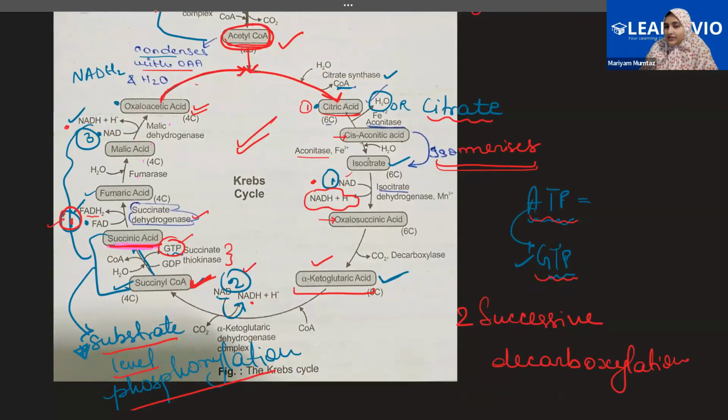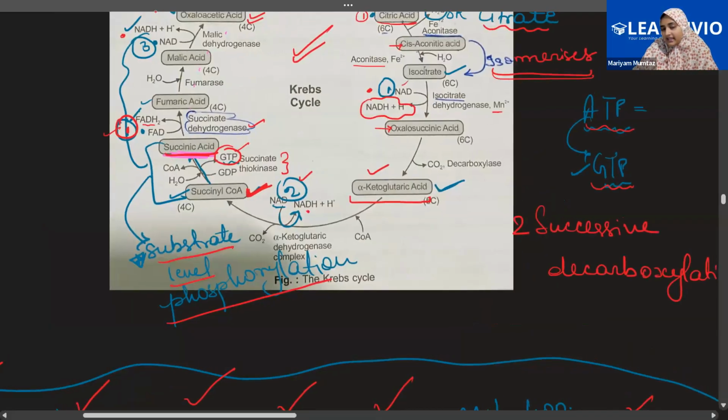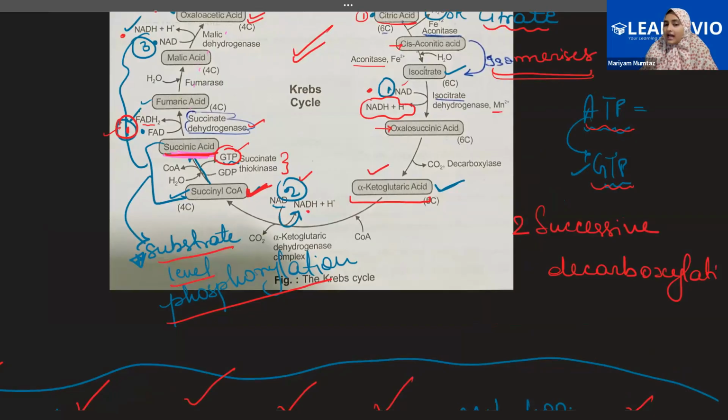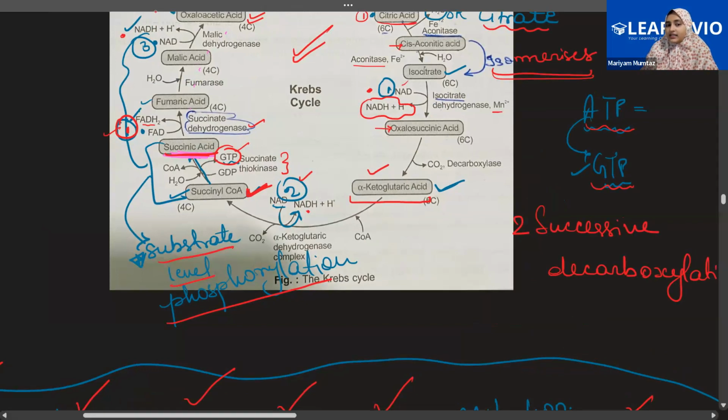Then the isocitrate gets converted into oxalosuccinic acid by the action of the enzyme isocitrate dehydrogenase, which happens in the presence of manganese. After that, the oxalosuccinic acid gets converted into alpha ketoglutaric acid, and then the alpha ketoglutaric acid gets converted into succinyl coenzyme A.